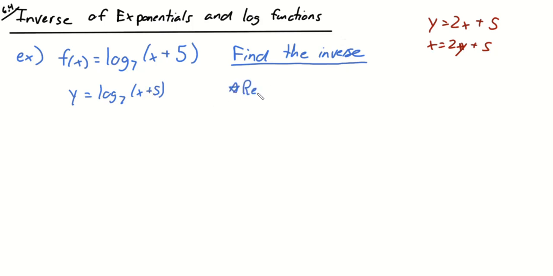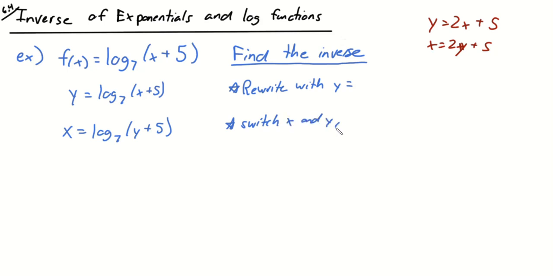So we have to rewrite with y equals. And then the next step, switch my x and switch my y. So x equals log base 7 of y plus 5. We need to do that each time. So switch x and y.